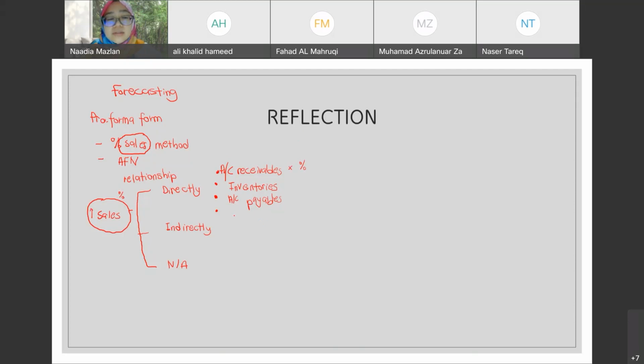Okay, any other examples? Indirectly is the retained earnings. Common stock is not exactly in here, because retained earnings, let's say for 2020, plus the additional change from net income for 2021.